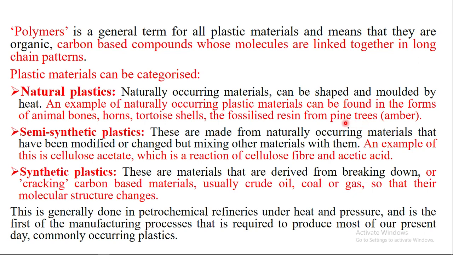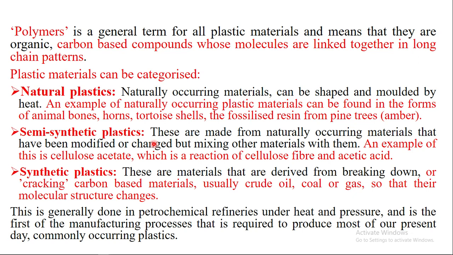When we heat the trees, milky material is removed from them in liquid form. That liquid gradually converts into solid material, which is a natural plastic. From that, different materials are prepared.